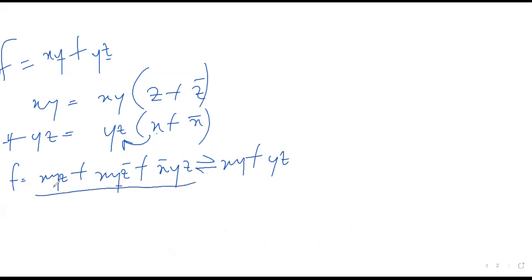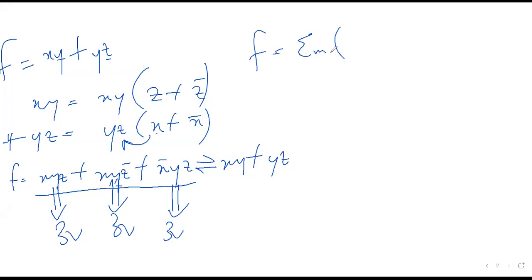Now we have all three variables in each component, and with that we can easily interpret the circuit we are given here. Now we can put our F in this form, and then we can go to the table much easier than if we had the other one.